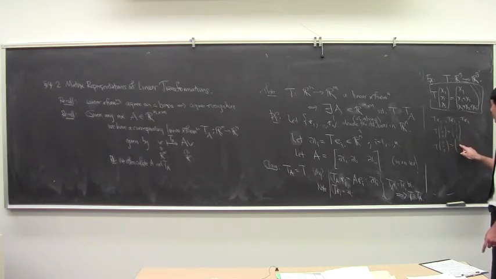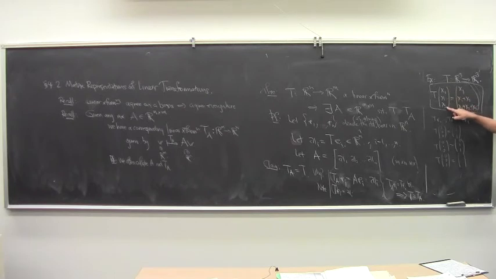So it means 0, then x1 plus x2 gives 1, and x1 plus x2 plus x3 gives 1. Then T of 0, 0, 1 gives you back x1, which is 0, x1 plus x2, which is 0, and x1 plus x2 plus x3, which is 1.